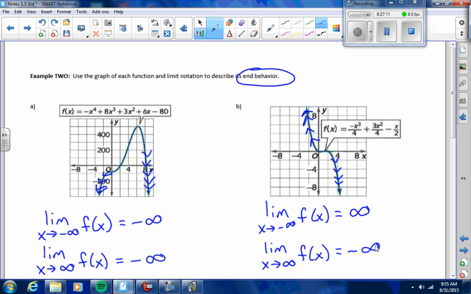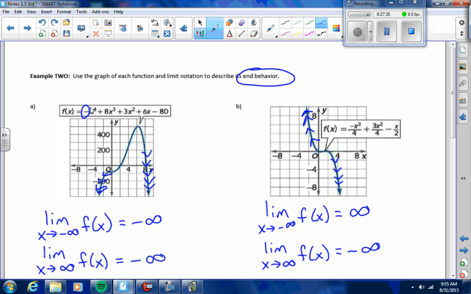So let's make a point of looking at this. Look at the leading term of this first function. It was what? Negative x to the fourth. The fourth power is even. The leading coefficient is negative. What happens overall when in the very front it's negative?